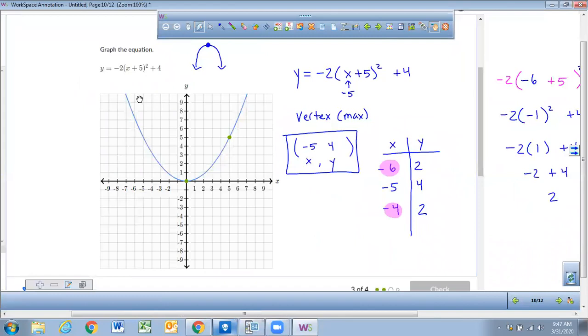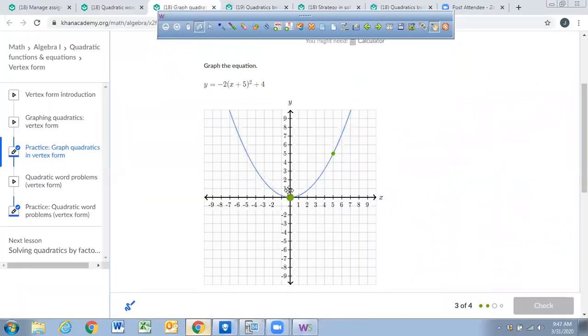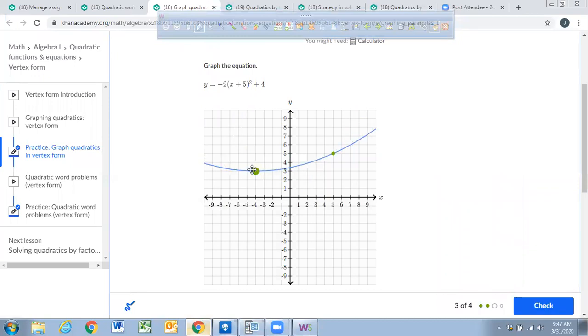All right, so now all I'm going to do is go over here to the screen. First thing I'm going to do is put my point at negative 5, positive 4, and then over here.